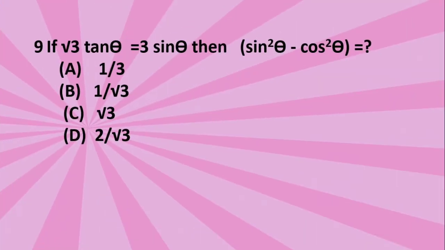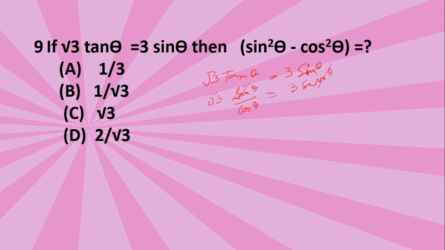Now, ninth question is, if root 3 tan theta is 3 sin theta, then sin square theta minus cos square theta we want to find out. Now here you can write root 3 tan theta is sin theta upon cos theta equals 3 sin theta.